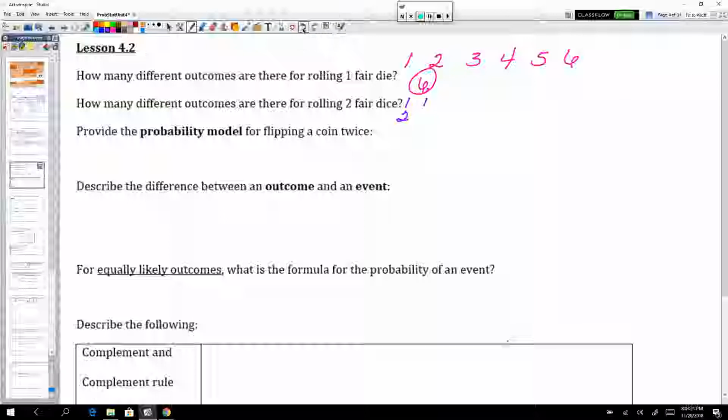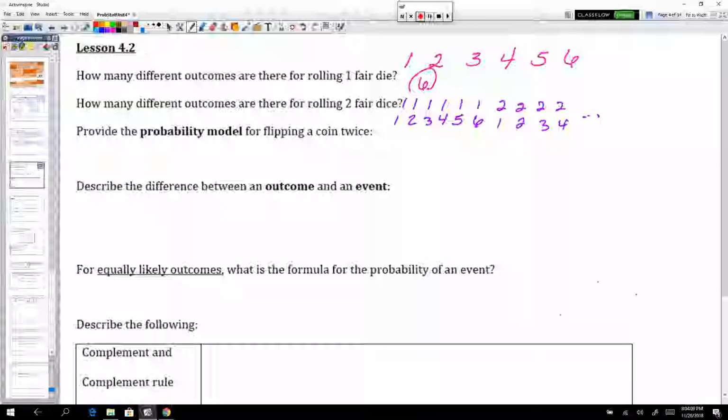A 1 and a 1, a 1 and a 2, you could roll a 1 and a 3, a 1 and a 4, a 1 and a 5, a 1 and a 6. You could roll a 2 and a 1, a 2 and a 2, a 2 and a 3, a 2 and a 4, and so on and so forth, right?